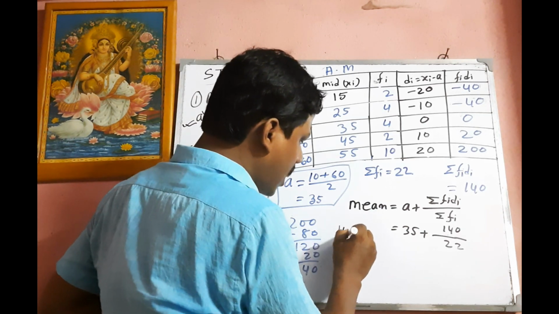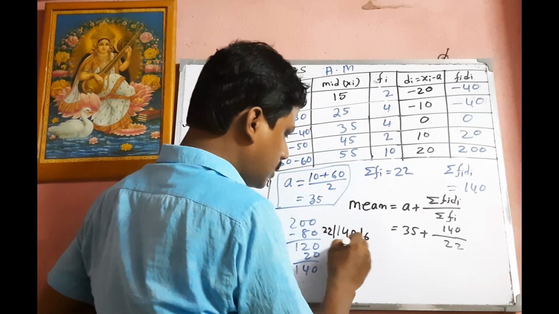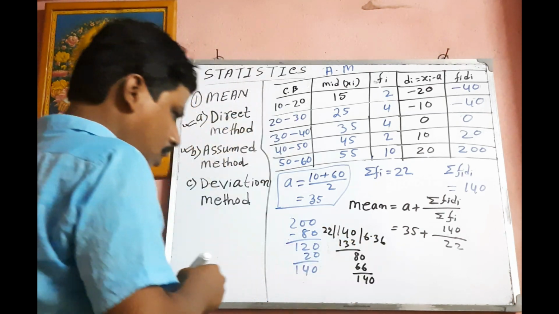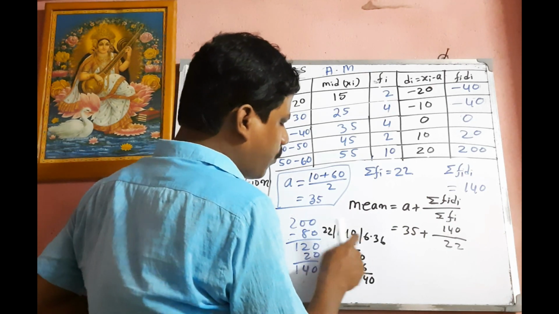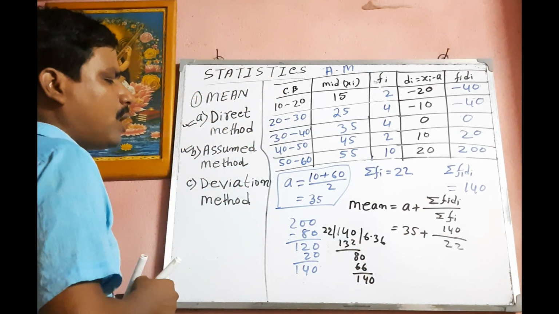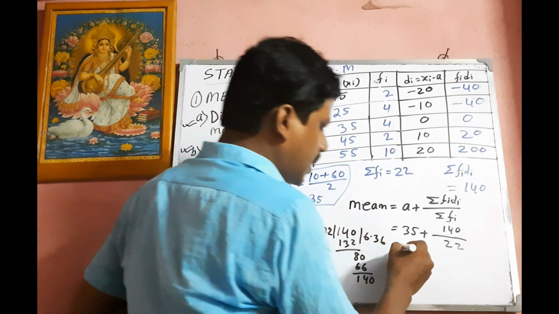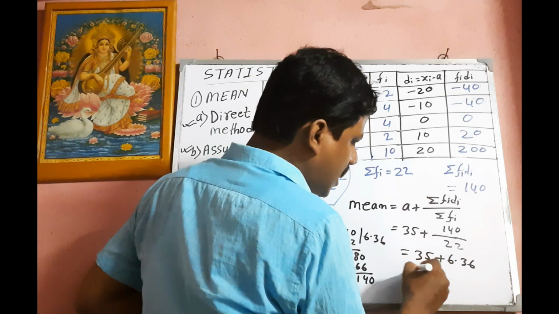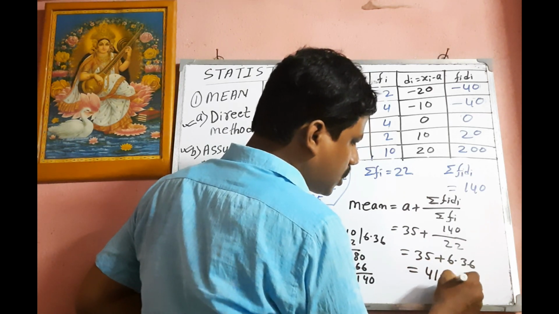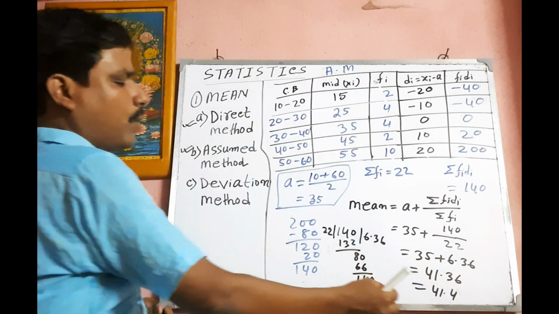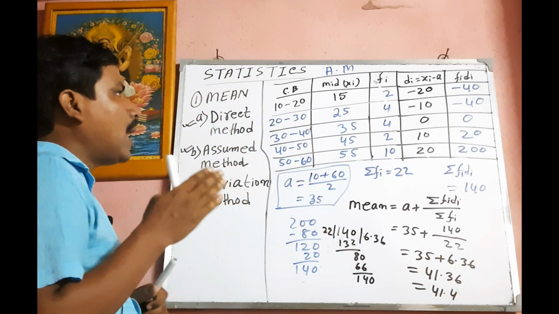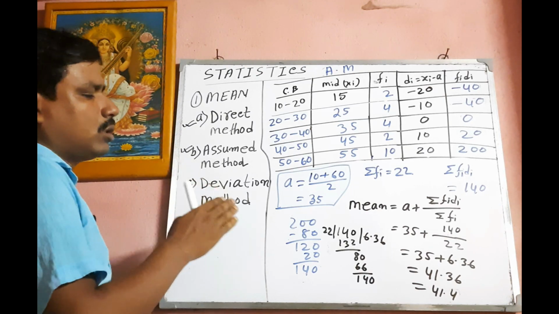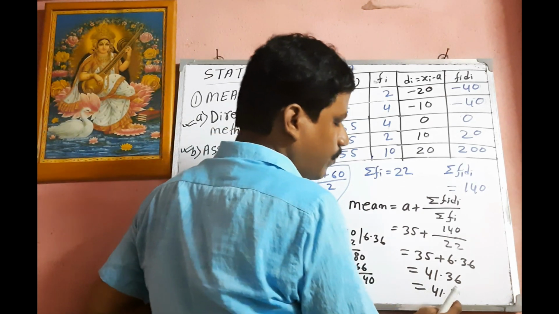If we divide 140 by 22, we get approximately 6.36. So 35 plus 6.36 is 41.36, or 41.4. So this is the mean according to the assumed mean method.